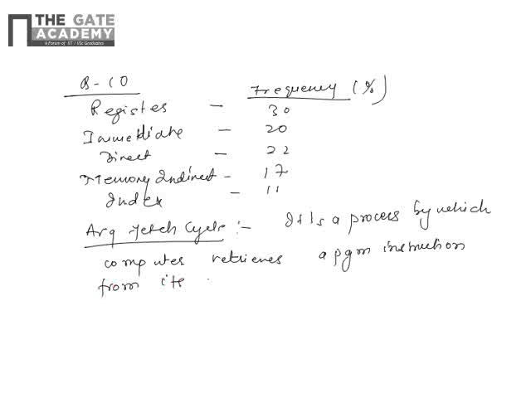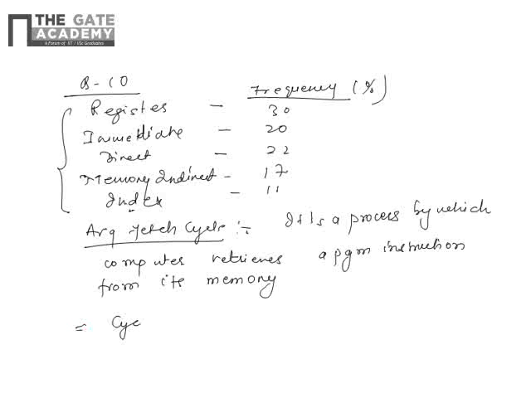Since memory access is divided into these many types, the fetch cycle will be the summation of all these things. How we access from these types of memory will give the average fetch cycle.